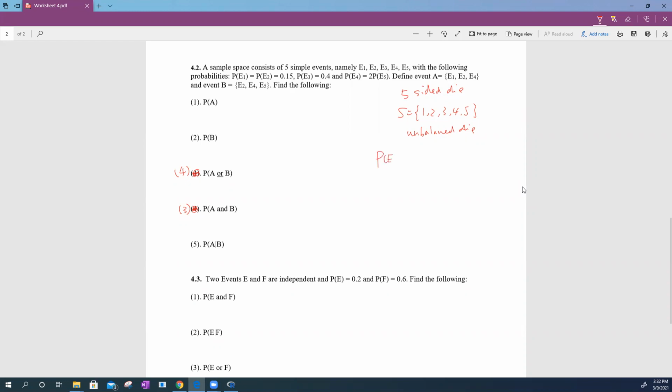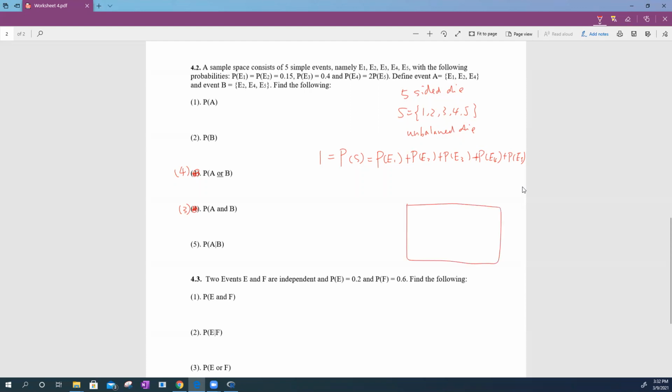Probability of E1 plus probability of E2 plus probability of E3 plus probability of E4 plus probability of E5, altogether, that's the probability of the sample space. That's 1. Because they're simple events, they're definitely going to be mutually exclusive.